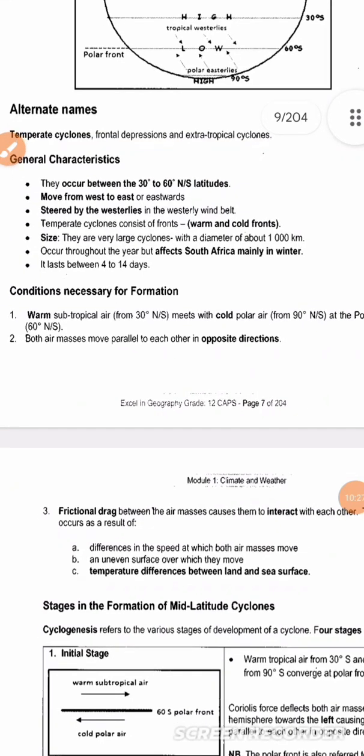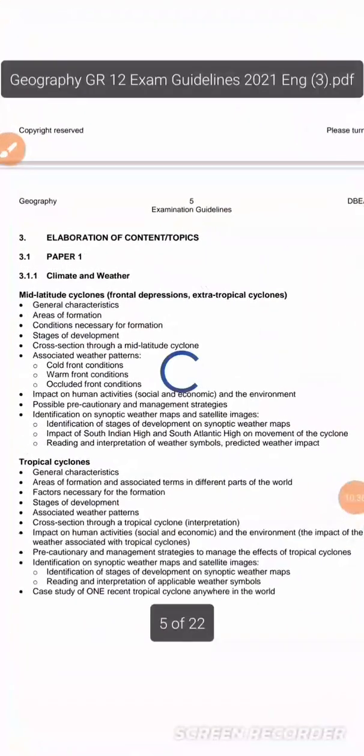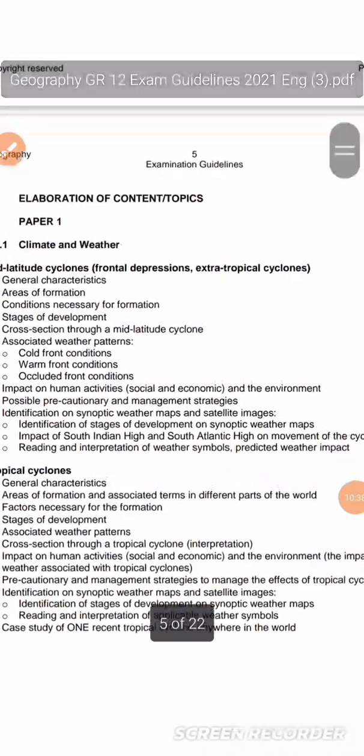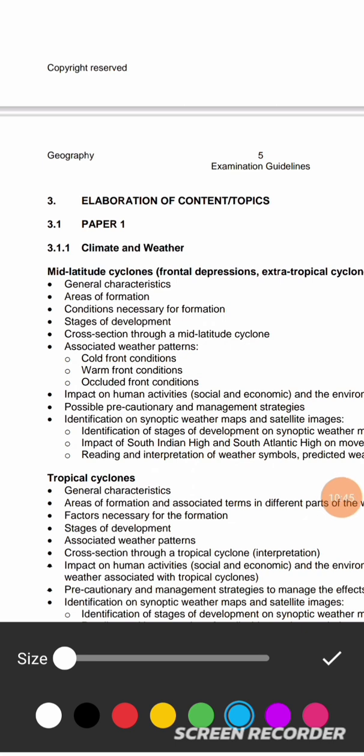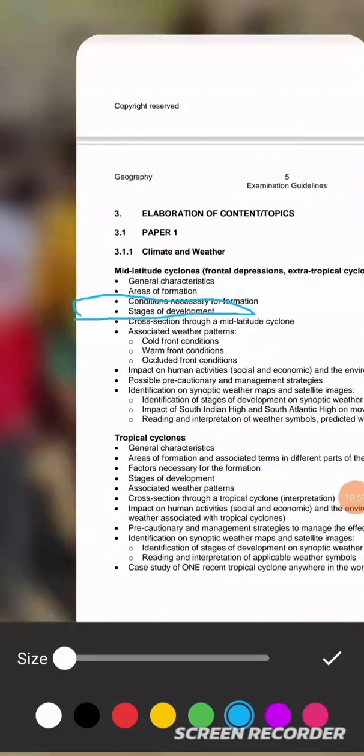Now we are going to cover the conditions necessary for the formation of a mid-latitude cyclone, which is this bullet.